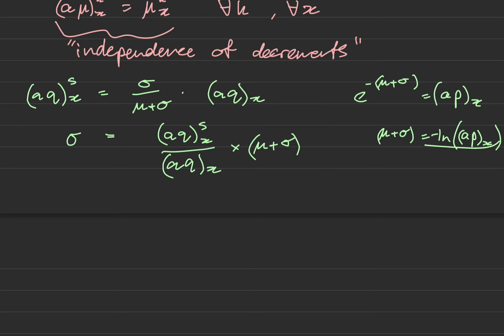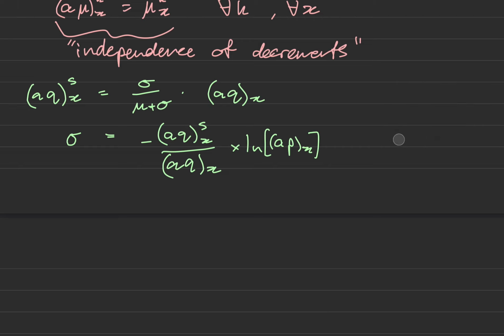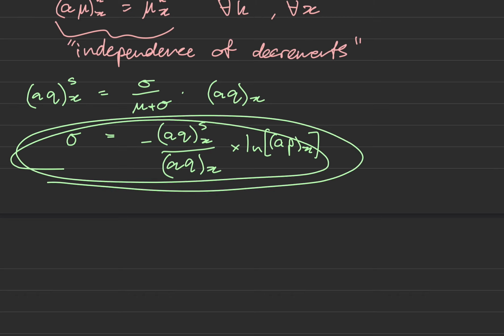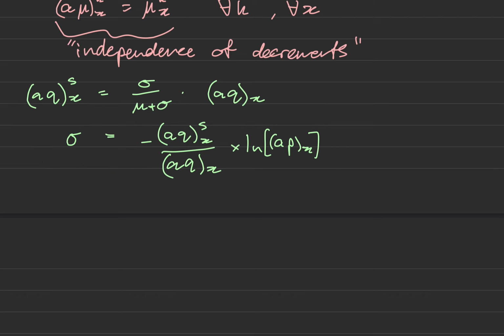Okay, so then I can substitute that in for this mu plus sigma. That negative goes there, and I get ln of ap x. Okay, so here is my formula for sigma, and you can follow similar logic to get the formula for mu.